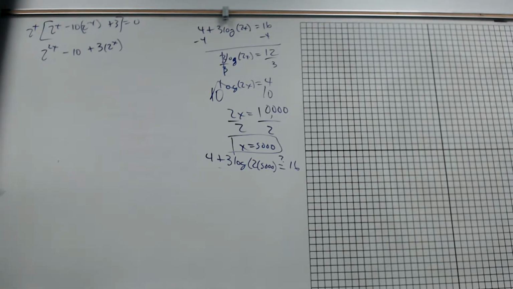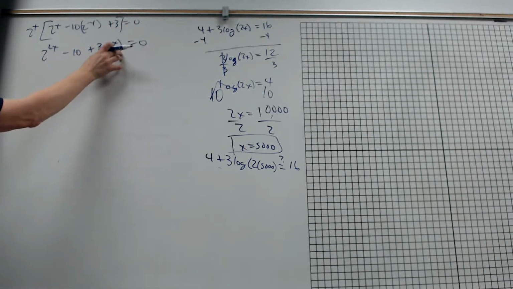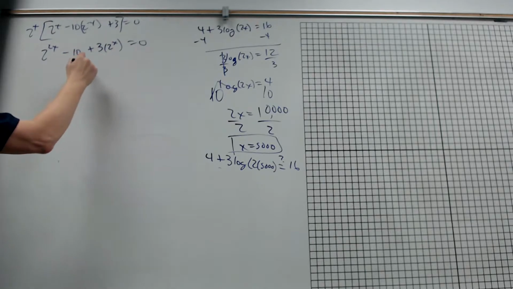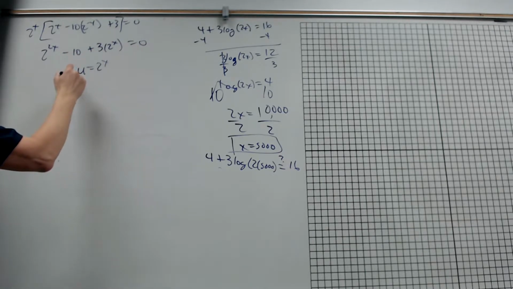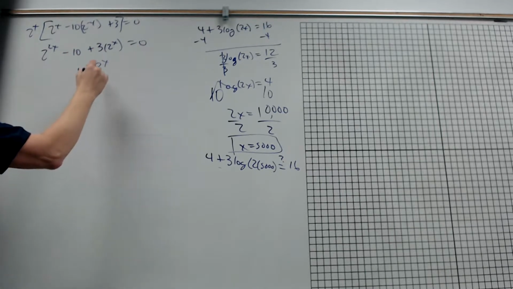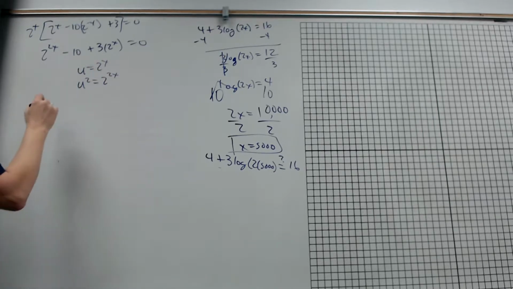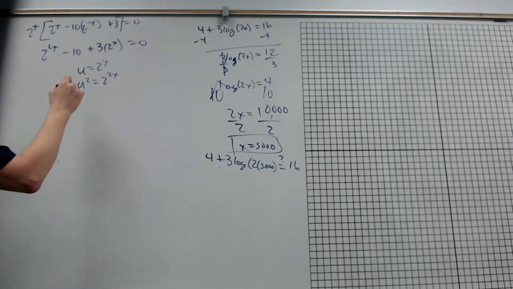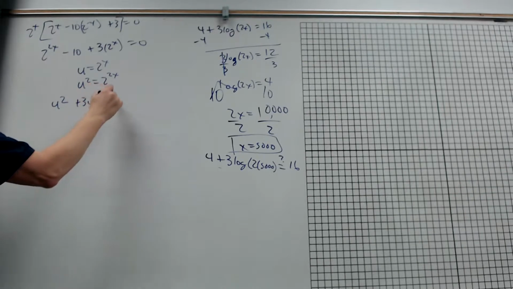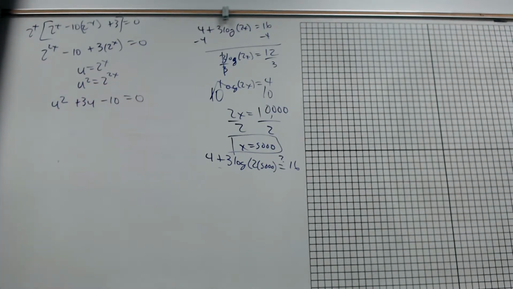Okay, but that is the trick. So now this becomes my middle term, right? So u equals 2 to the x, u squared equals 2 to the 2x. So now we've got u squared plus 3u minus 10 equals 0. There you go, that was the trick.